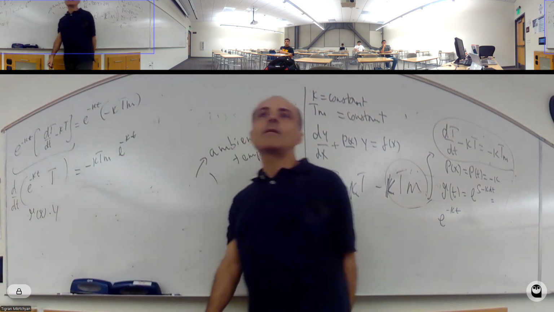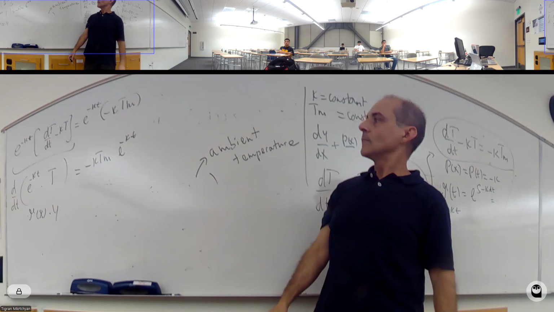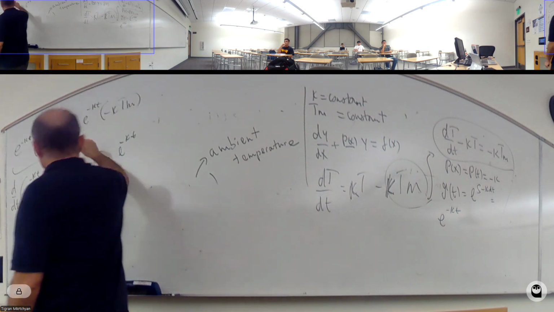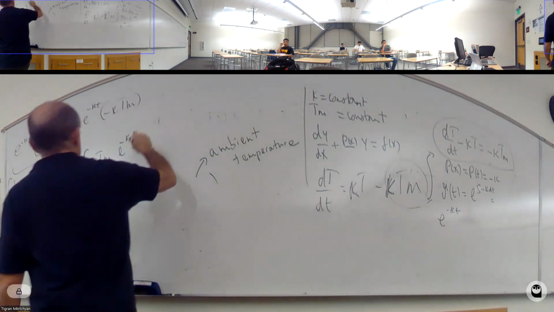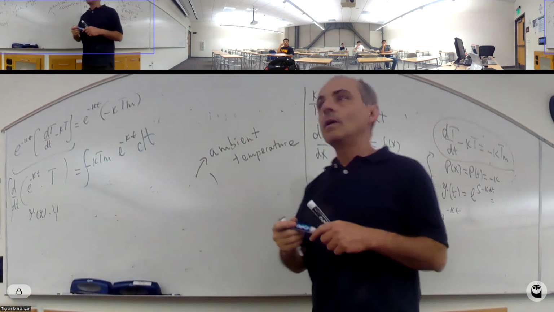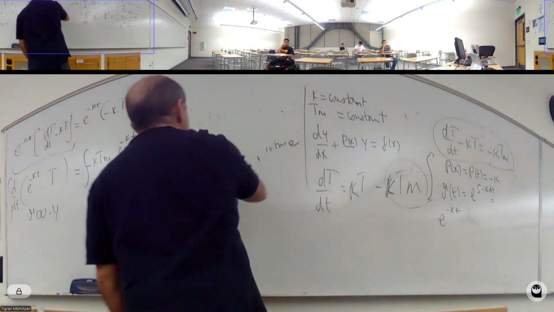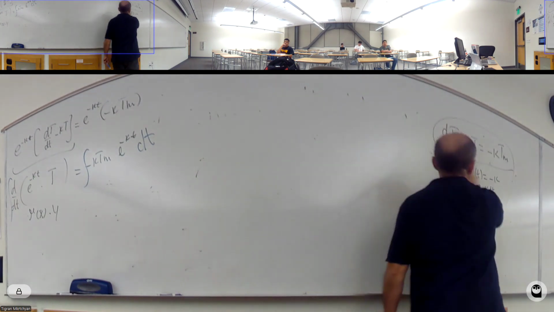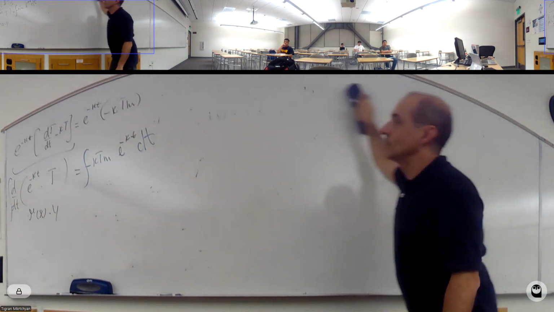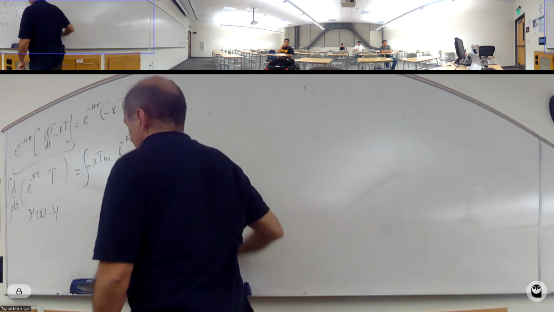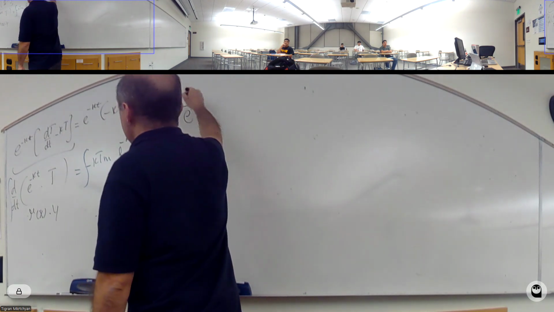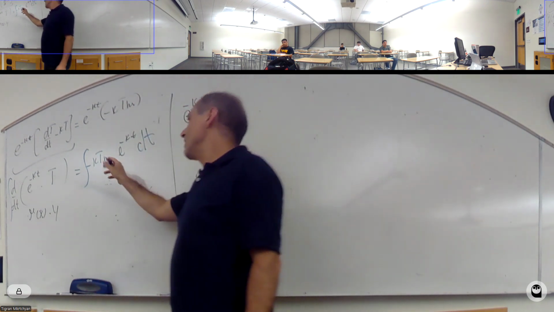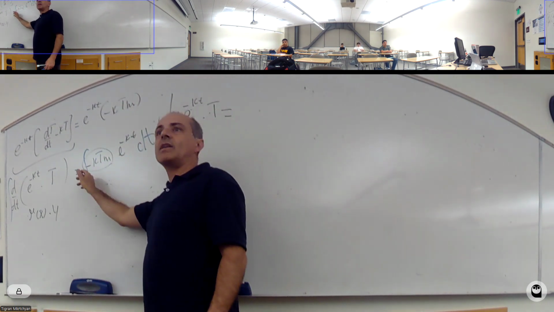So what do we do next? Integrate, right? On the left side, of course, we will get e to the negative Kt times T. But if it's a number, this number can go outside of the integral, right?